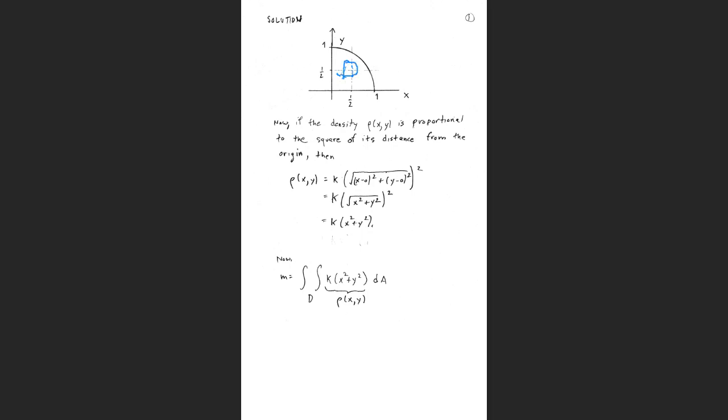This quarter circle is my region D. And my density, which is a variable density because it changes as X and Y change, the density is equal to K times X squared plus Y squared.